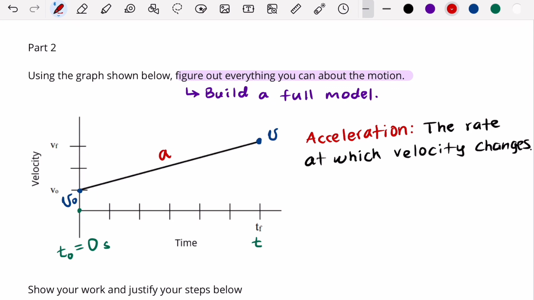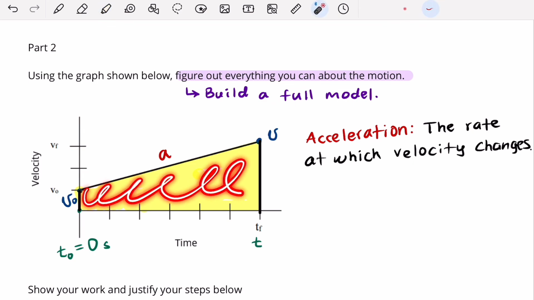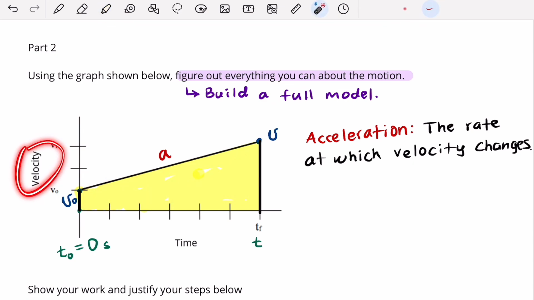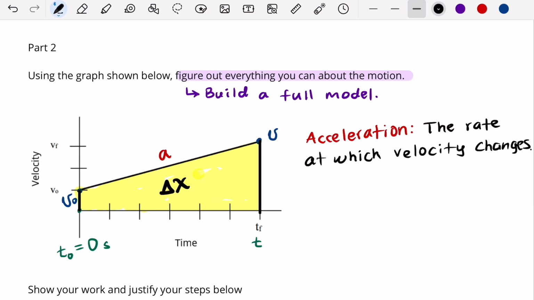Furthermore, we can even find displacement. The area of a velocity versus time graph represents the displacement, delta x.